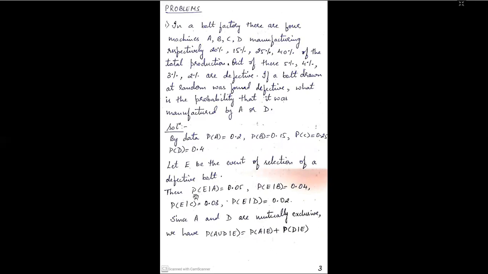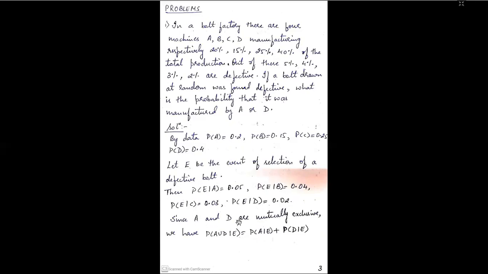So we have probability of E given A is equal to 0.05, that is 5%. Probability of E given B, that is the selection of a bolt being defective from machine B, is equal to 0.04. Probability of E given C is 0.03 and probability of E given D is 0.02.